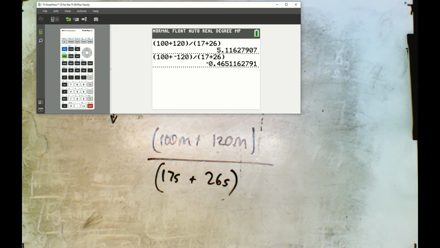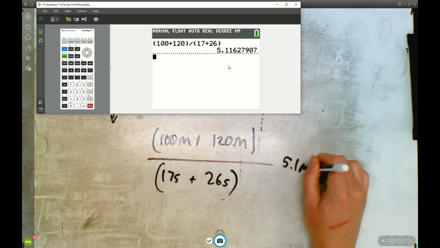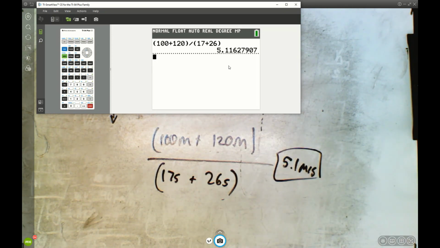If we plug that into our calculator, we end up getting 100 plus 120 divided by 17 plus 26. So we get our average speed to 2 sig digs to be 5.1 meters per second.